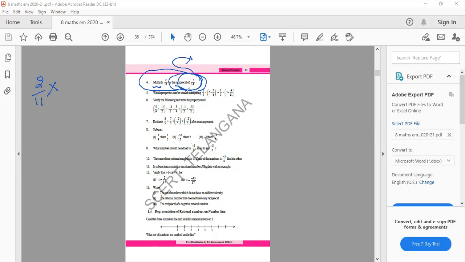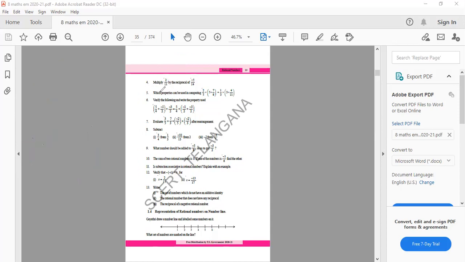Minus 14 by 5. Then you multiply. 2 by 11 times minus 14 by 5 gives minus 28 by 55. This is the fourth answer. Clear? Right.